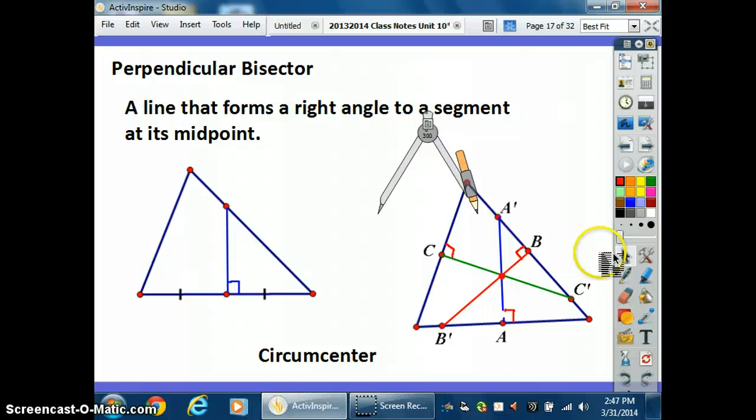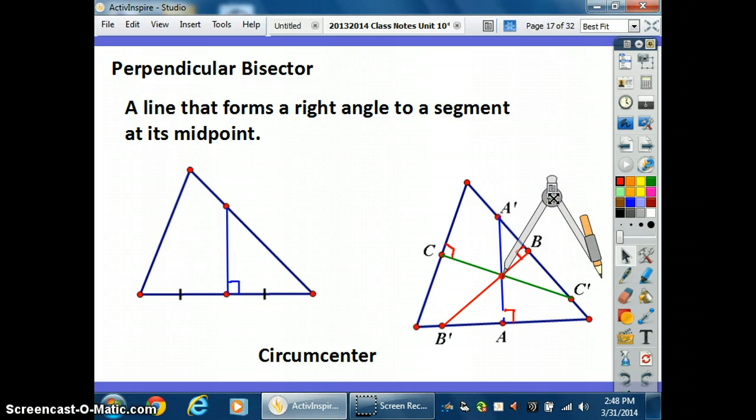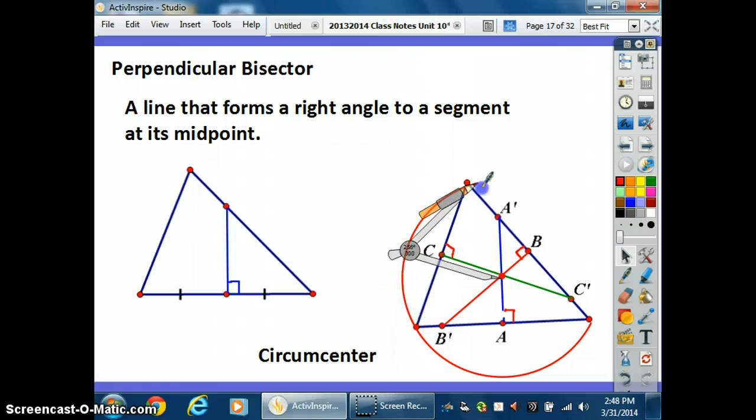If you take your compass and put the point right here on the circumcenter, right to that point, now I can draw a circle, and it touches every vertex on the triangle.